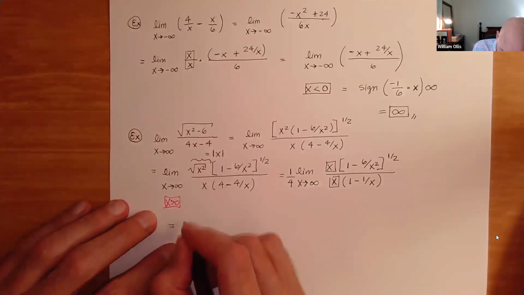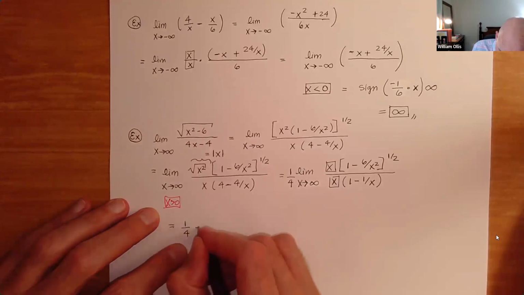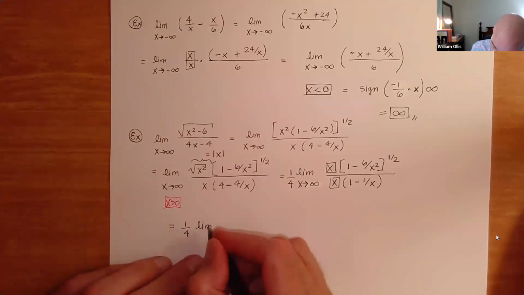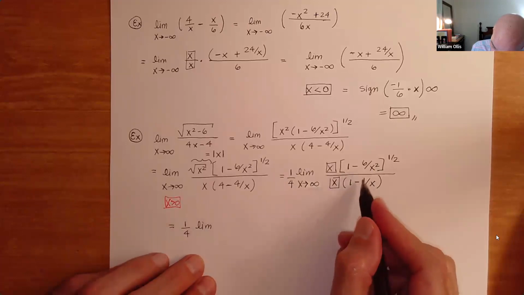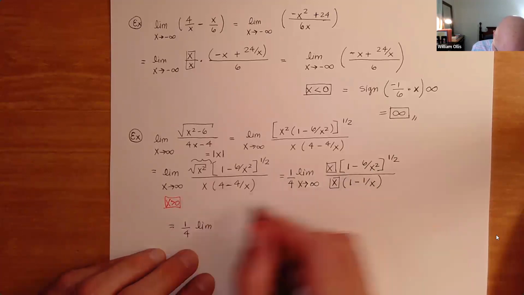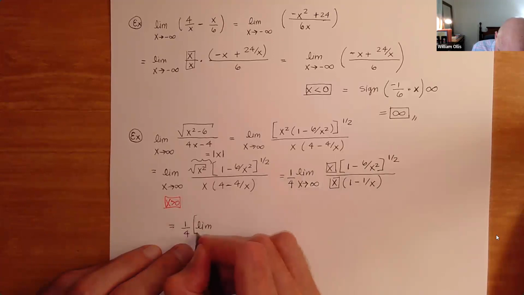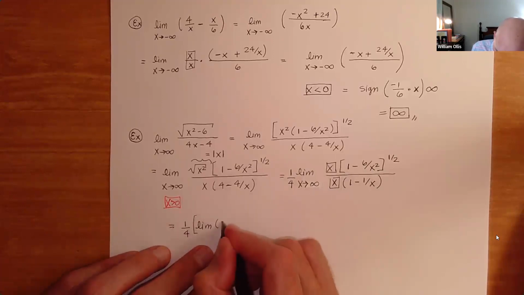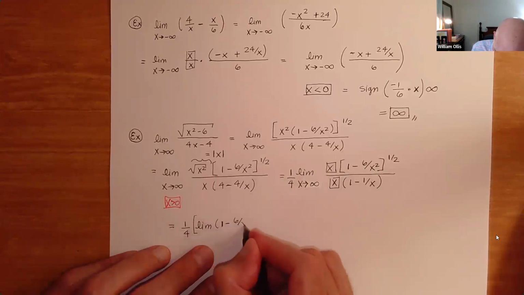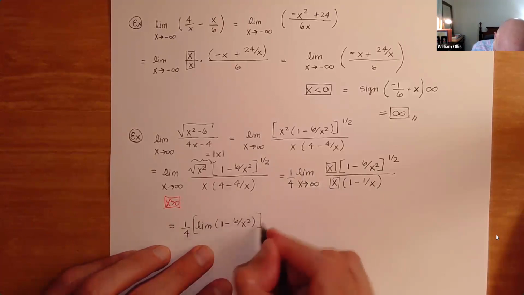So this gives us 1/4 times the limit. Now, of course, we can go ahead and run the limit upstairs, just using continuity: 1 minus 6 over x squared to the 1/2.